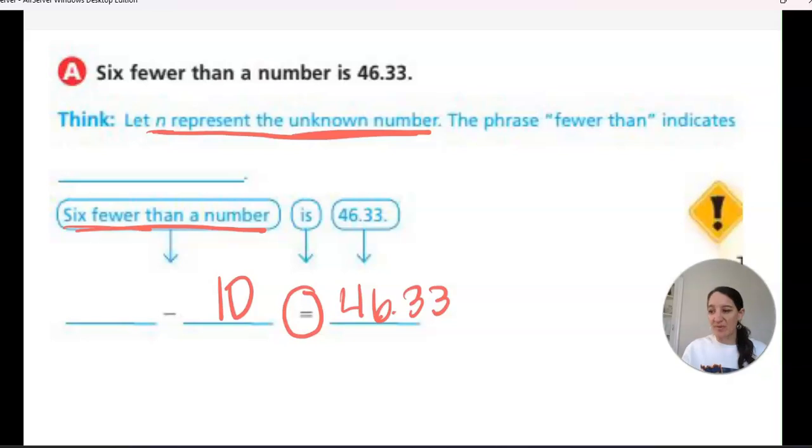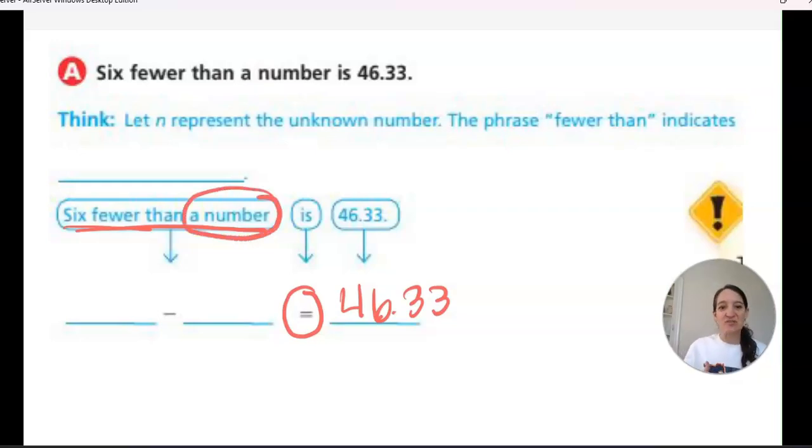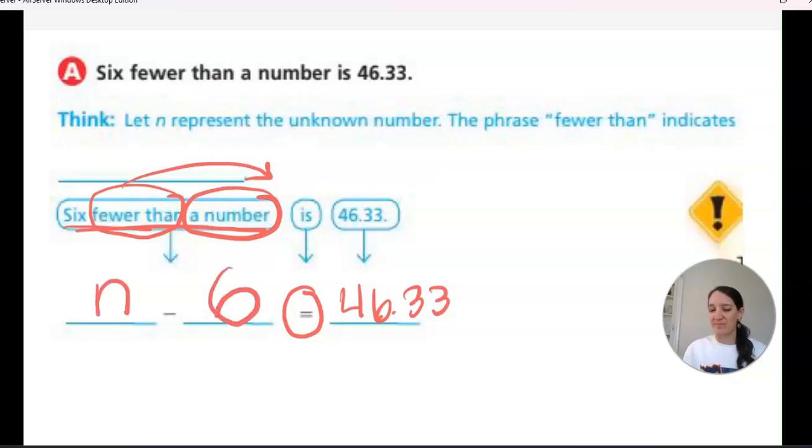But remember that a number or a variable is taking the place of an unknown. So we actually don't know what this number is yet, and until we do, that's when we're going to use the variable. We're also going to remember that fewer than and less than is that turnaround word. So 6 fewer than a number is 46.33 looks like n - 6 = 46.33.